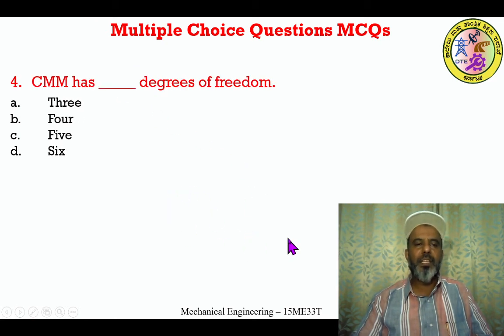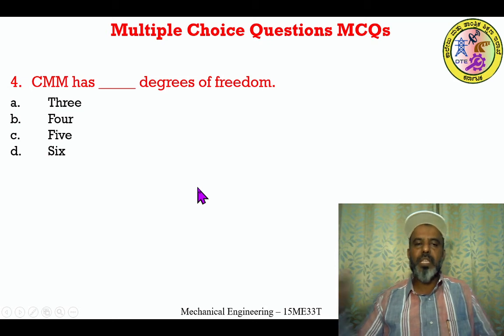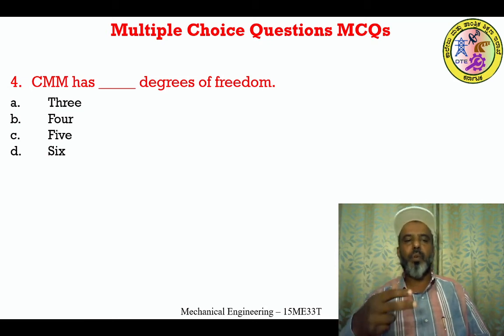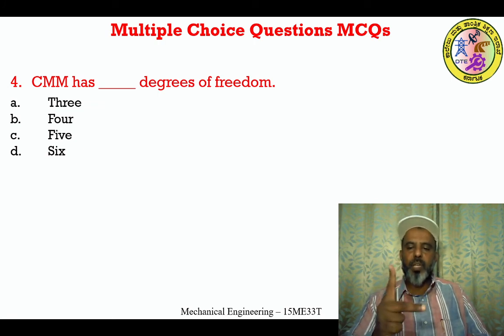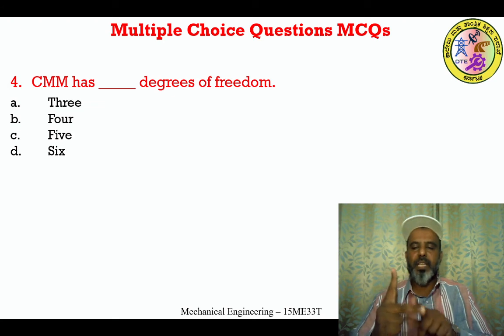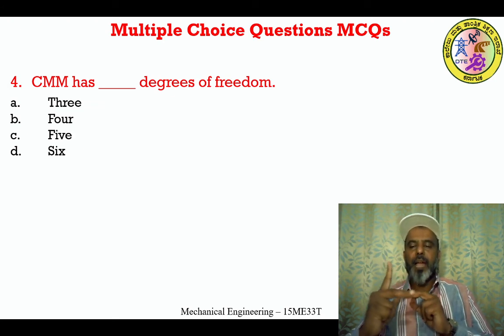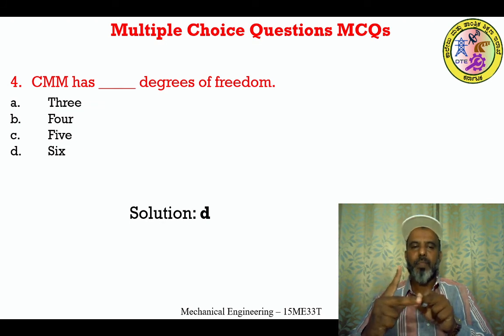Then next: the CMM has dash degrees of freedom. Now the 15 seconds start; guess the answer. I am going to repeat here. Generally, a CMM has 3 mutually perpendicular axes, X, Y, and Z, and these give, yes, the answer has appeared.